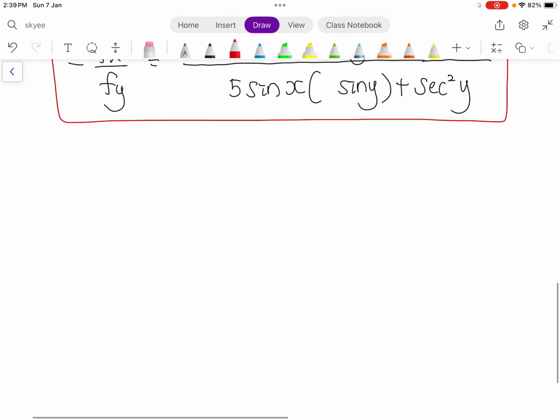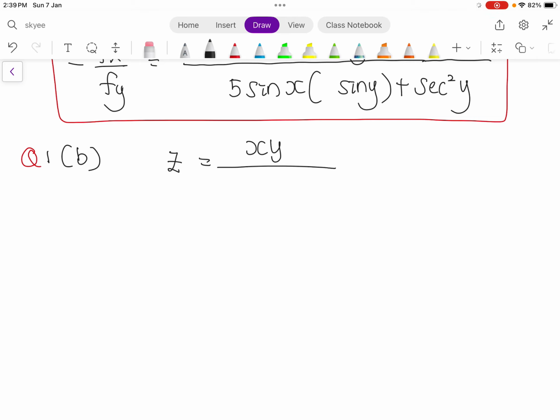So this is question 1 B, z equals xy over x minus y.